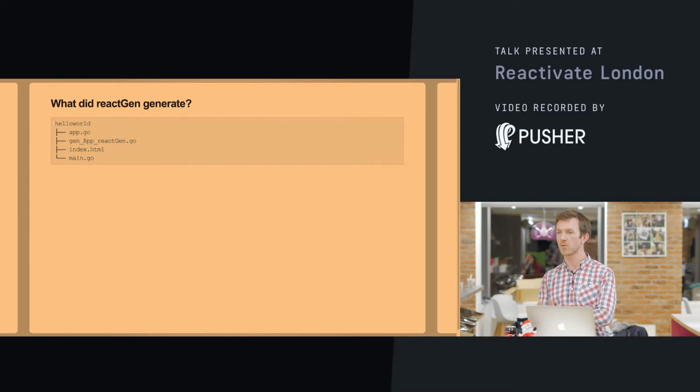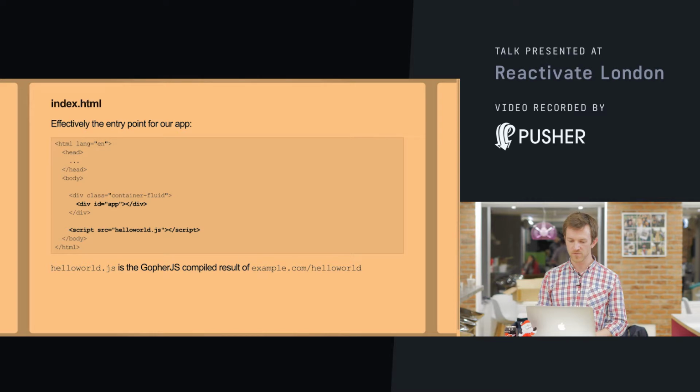So in terms of files, what did ReactGen generate? Well, unsurprisingly, there's an HTML file that effectively represents the entry point for our application, right? Because it's that HTML file that gets loaded within the browser. That bootstraps the loading of a JavaScript file, which bootstraps React, etc. Right? But you can see there's no JavaScript files obviously been generated here. That's where Gopher.js comes into it, but it has generated 3 Go files there. So let's just take a look at each of these files very, very briefly.